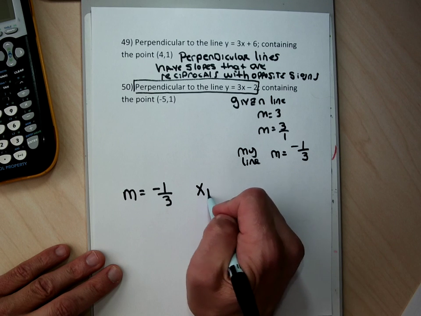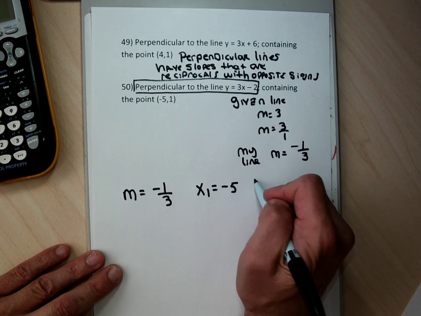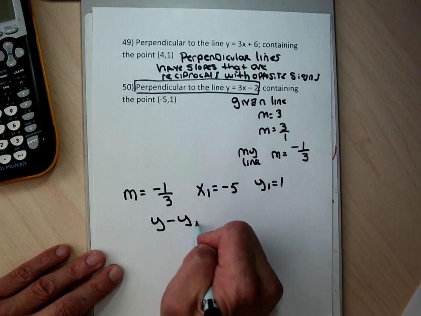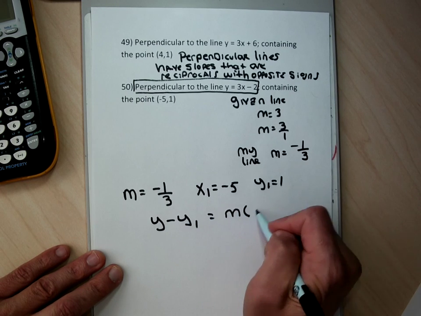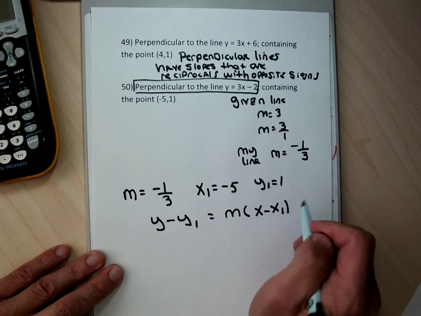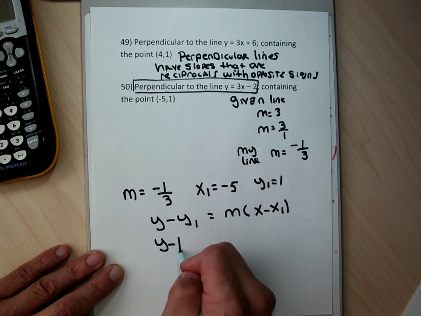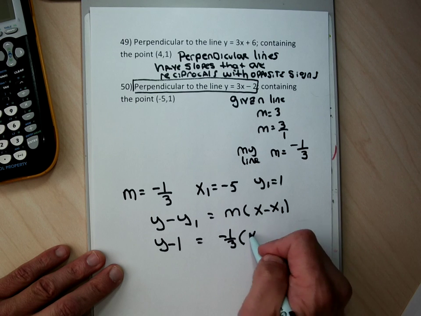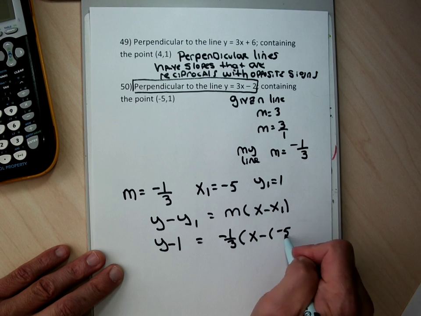My x1 is going to be negative 5. My y1 is going to be 1. And I'm going to go y minus y1 equals m times x minus x1. This is going to give me y minus 1 equals negative 1/3 times x minus a negative 5.